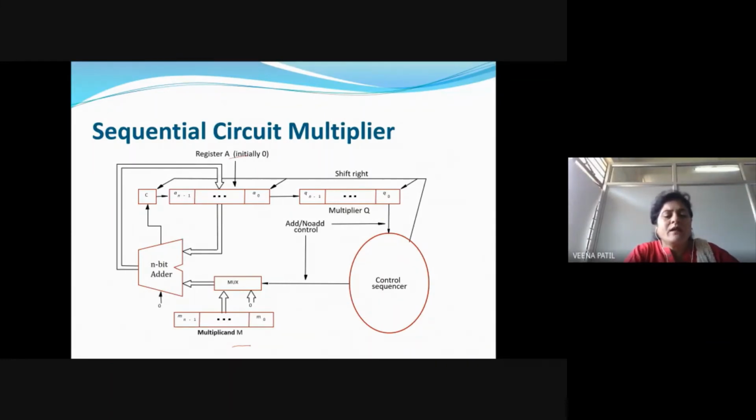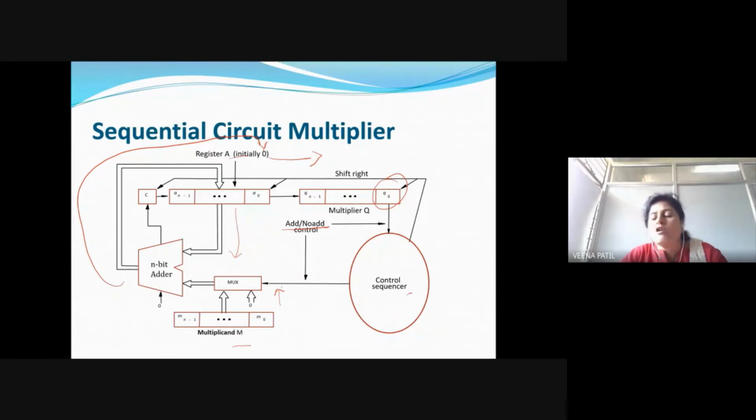So an n bit adder is there, which is going to perform addition of the partial product with the multiplicand, and the answer is kept back into A. And each time it performs, it will be shifted right by 1 bit position. Now this control sequencer, depending on the bit Q naught, is going to take a decision whether addition has to be done or only shift has to be performed. So whether add or no add is decided.